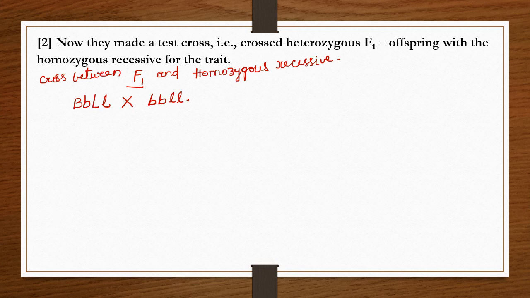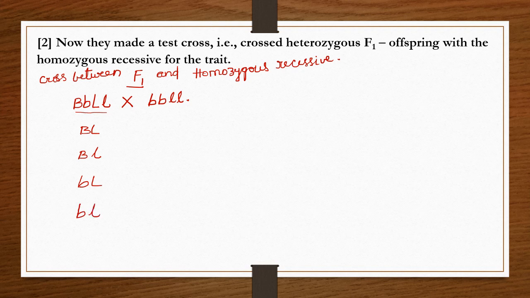Here the F1 is in heterozygous condition, that's why it produces a total of 4 gametes: capital B, capital L; capital B, small l; small b, capital L; and small b, small l.